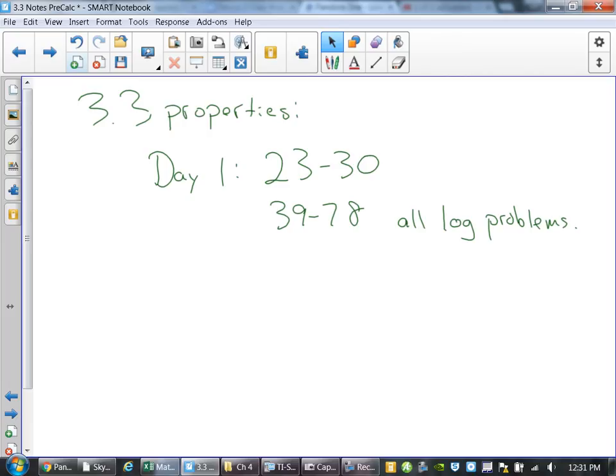So what I basically want you guys to work on tonight are just all the logarithm problems. That's what it says in the directions, and I'll put it up here in a second. We haven't talked about the natural log yet. Tomorrow you'll do the same ones, but you'll see them with natural log.